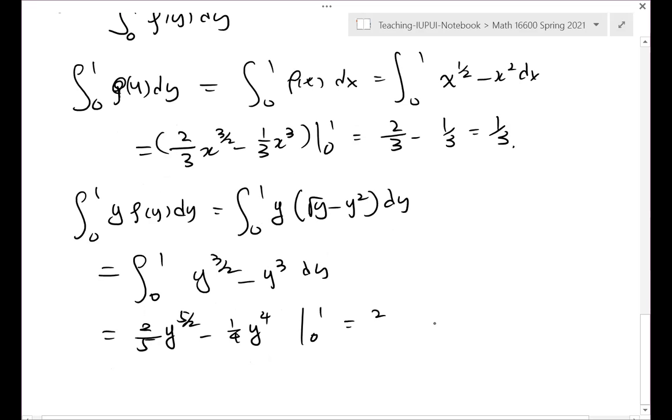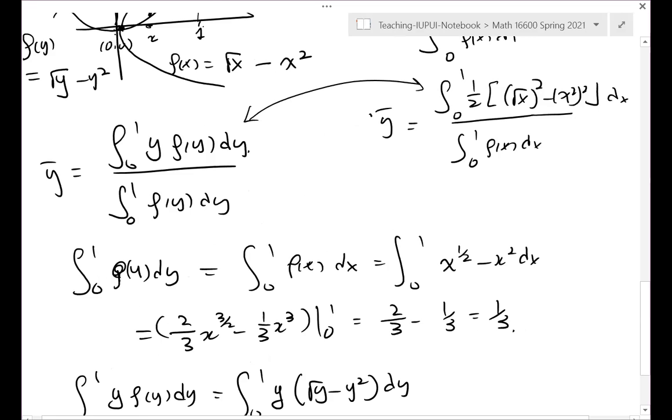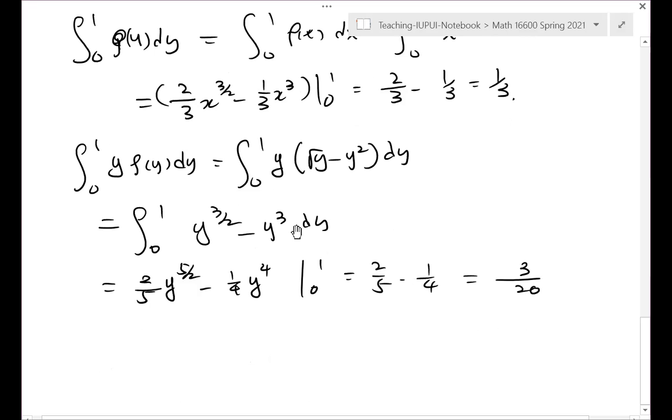So it's 2/5 minus 1/4. All right, so 8 minus 5 is 3, over 20. That's 3/20, right? So finally, we should get the same result if I use that integral, without understanding what it means, from 0 to 1.